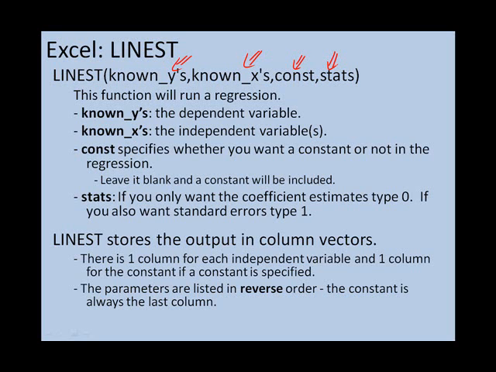The constant will always be in the last column. Logically, you'd think the constant would be in the first column. In fact, in Excel they reverse it. Just remember that, it's very important. Linest is one function that's useful to help us test the CAPM.